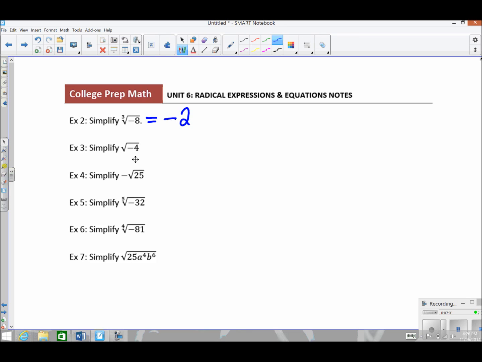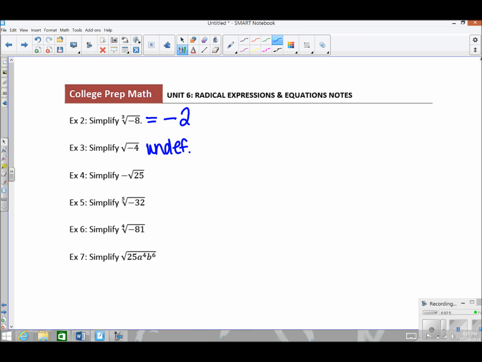This one, the square root of -4. For right now, I'm just going to write undefined, because there is no real number that this is going to work for. You can't square any number and get a negative, because remember, squaring a number is always multiplying it by itself twice.